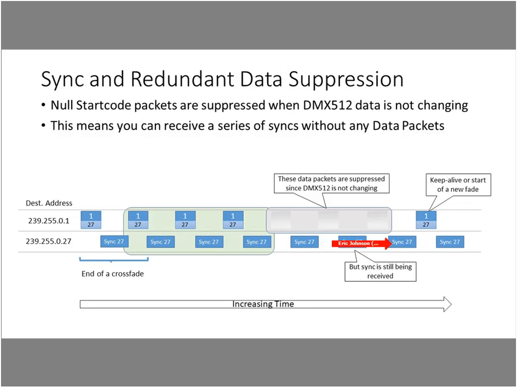So as we show here, these ghosted-out data packets are not sent because they're unchanging data, but the sync packet is still coming. I point this out to developers: don't crash, please. It's something you don't think about, but it very much can happen. And then when a fade or a move or a bump starts to happen again, you get data packets in sync. This can happen and will happen all of the time.